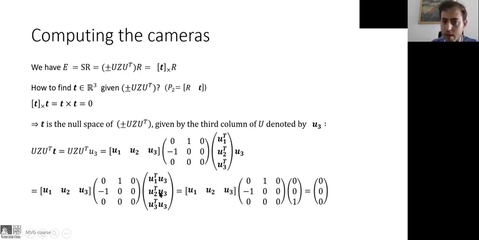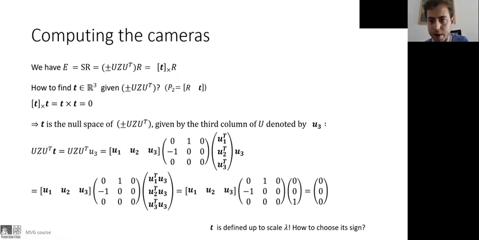But U is an orthogonal matrix, so we get 0, 0, 1. Then we have this matrix multiplied by 0, 0, 1, and it's just zeros, because we have 0 times this column plus 0 times this column plus 1 times the zeros column. So U3 is the null space of this matrix, and we can just use U3 as our T vector.